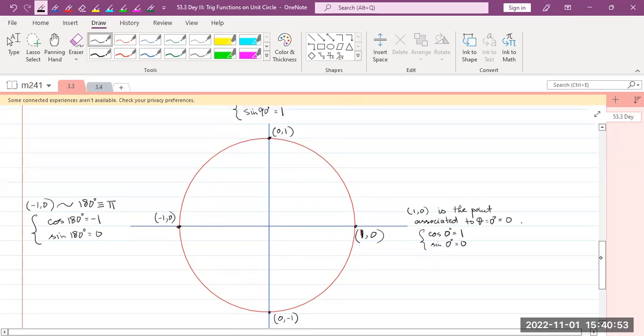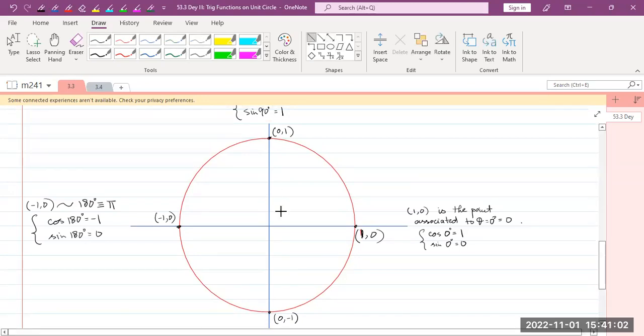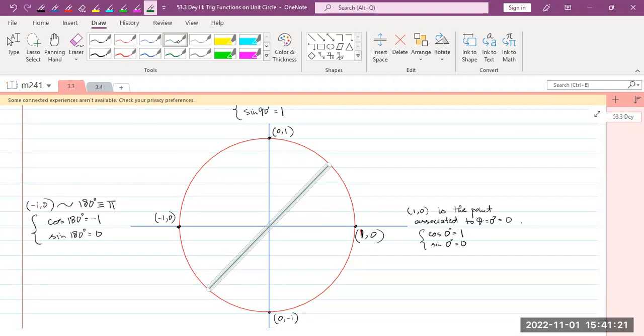Okay, now let's go further. This time I will do angle 45 degrees. Actually, not only this 45 degrees, but also all the angles with reference angle 45 degrees.